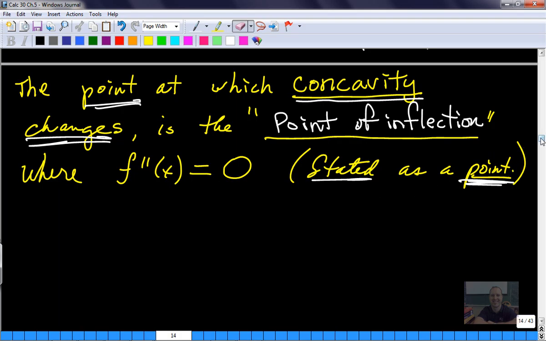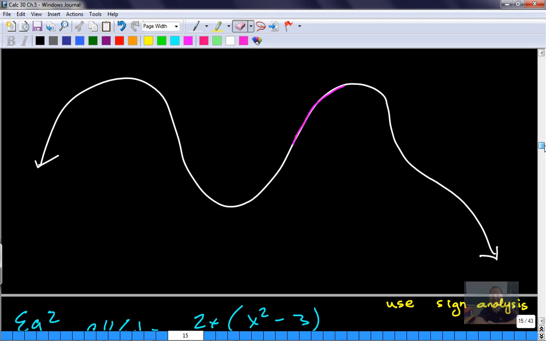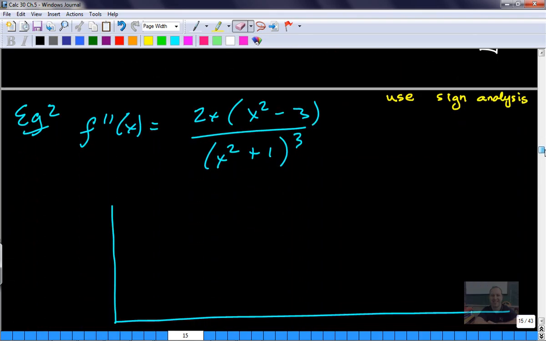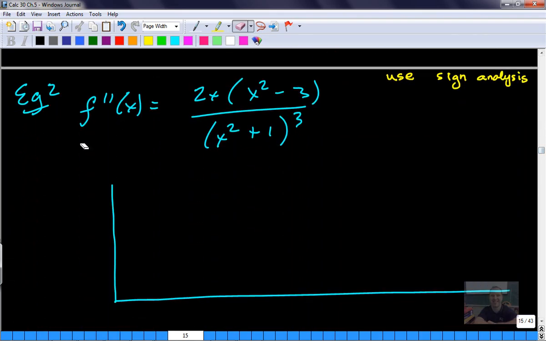Okay, point of inflection. I think I'll just skip that. Okay, I'm going to direct you to example 2 in the textbook, if you follow along in class. And example 2 says, there's actually some terminology here that we need to cover.